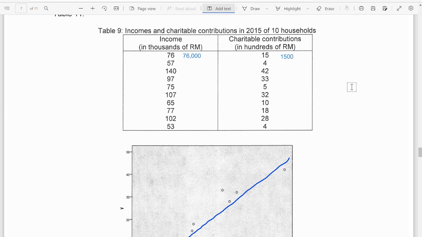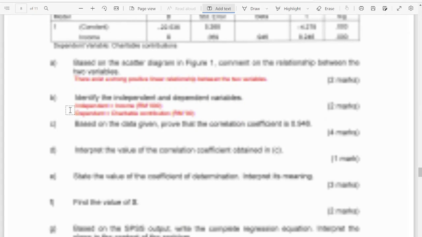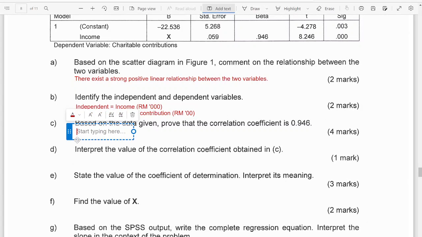Okay, from here you get the value for the summation. So let's say here you have the summation. Okay, so this is x, sum of x. And this is sum of y.